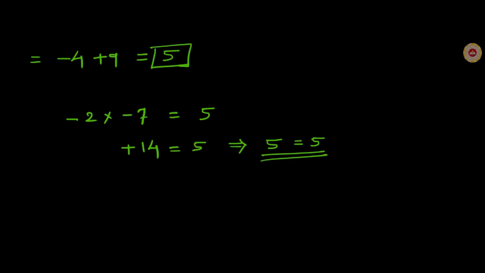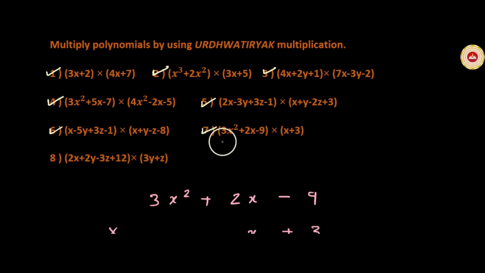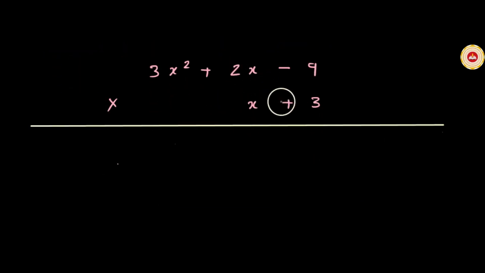Next example. Seventh example. 3x squared plus 2x minus 9 multiplied by x plus 3. I have written these two polynomials already here. The multiplicand contains 3 terms and the multiplier contains 2 terms. Here the two polynomials contain different numbers of terms.